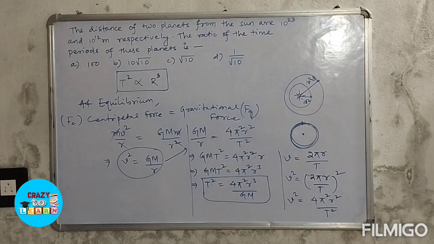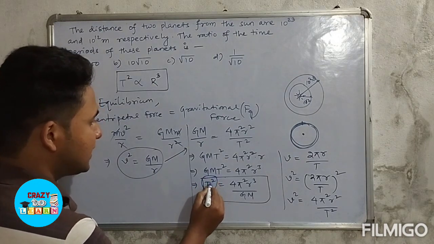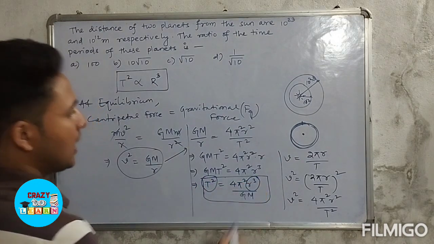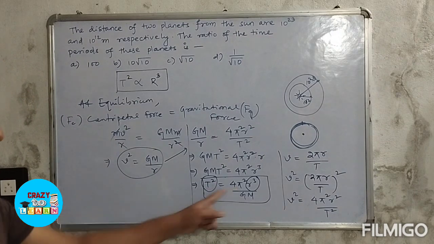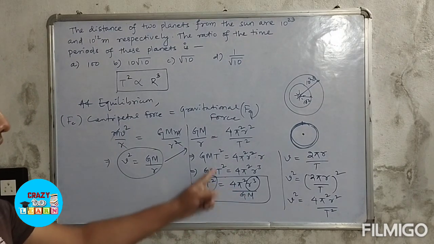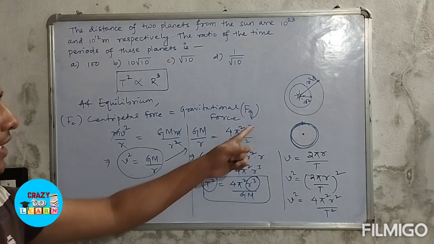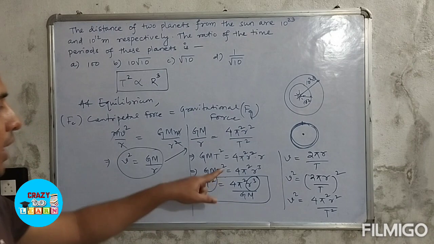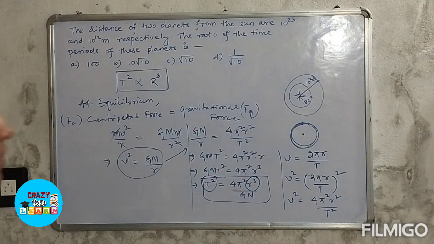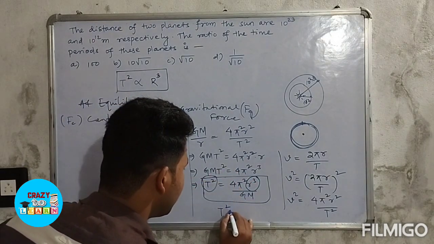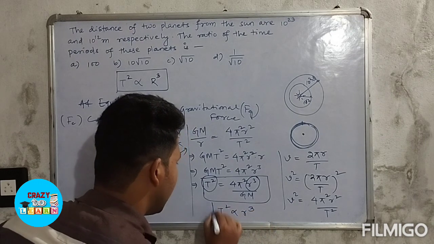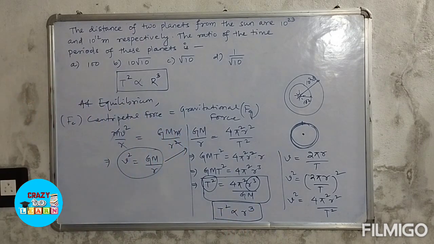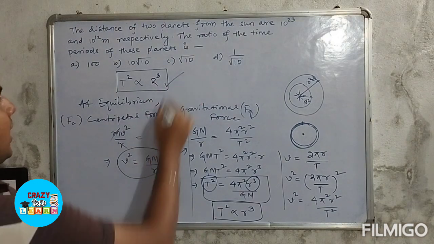If you observe this formula, what are you getting? T square is directly proportional to r cube. When you increase the value of r cube, the T square value will increase. From this formula, T square is related to r cube directly. All are clear how we got this formula?